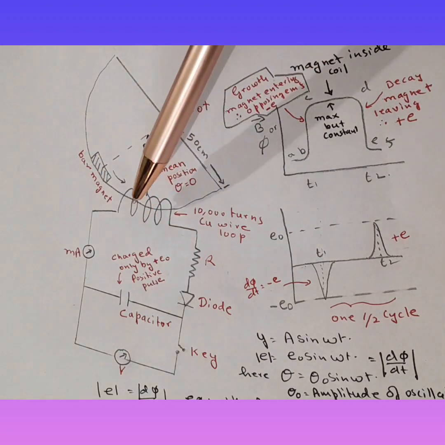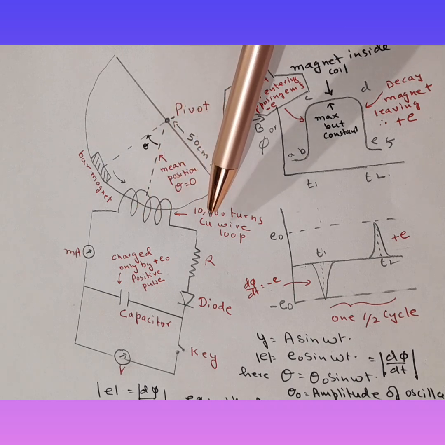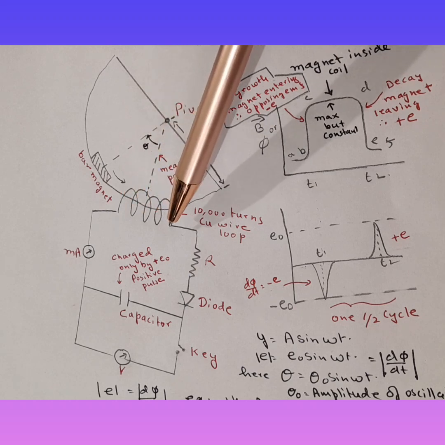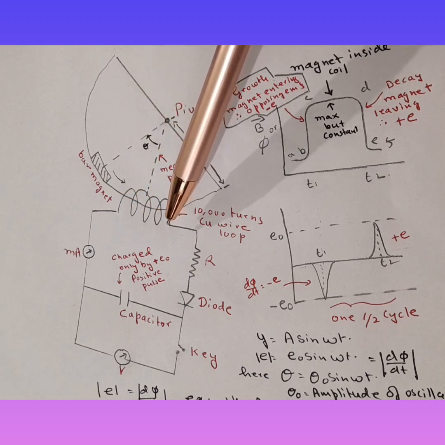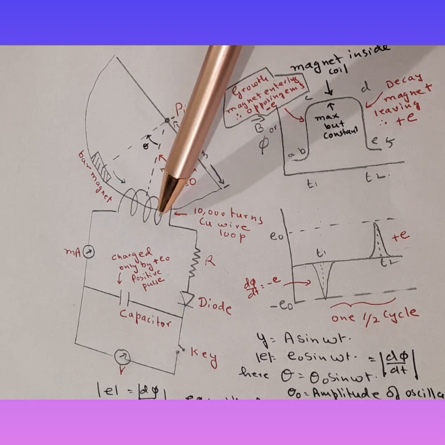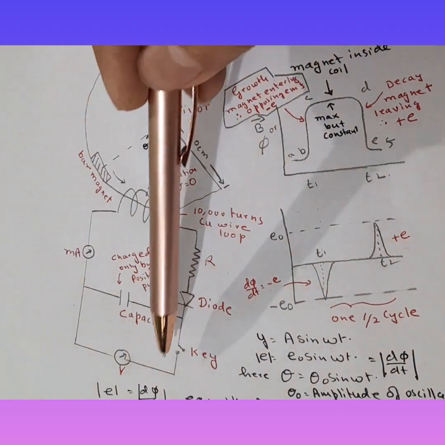So this coil which is there has, say, 10,000 turns. It's a copper wire loop of 10,000 turns. We want to generate good EMF, right? This is then connected to a resistance and a diode, and then comes a key.